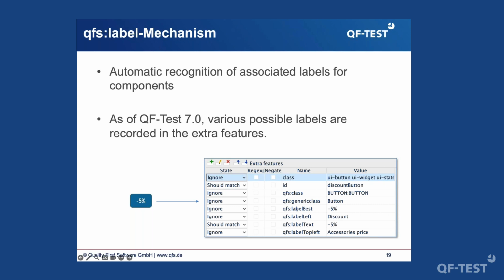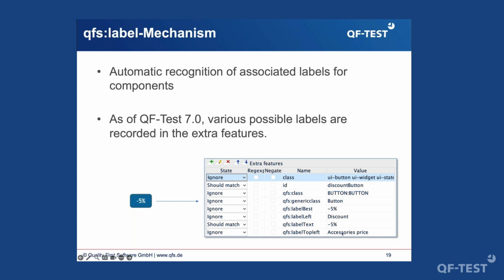And then also we get these QFS label attributes stored down here, which tell QFTest, okay, this button has some text label which is located on the button itself, so it's this -5%. It also has a label on the left side which is discount, and it also has a label on the top left side of the component.